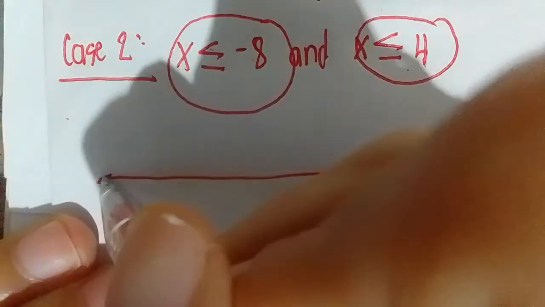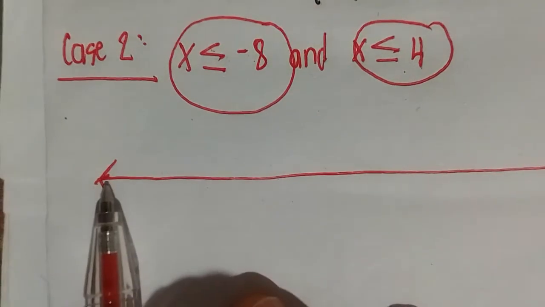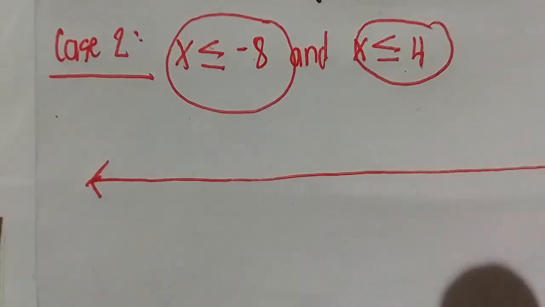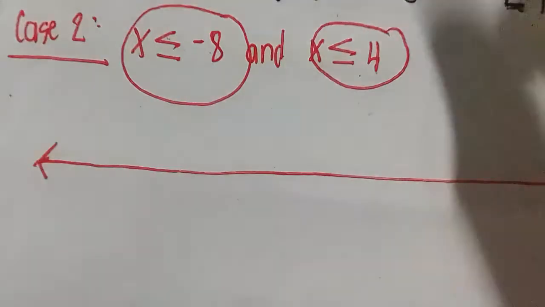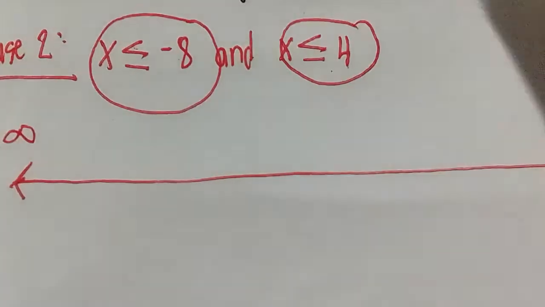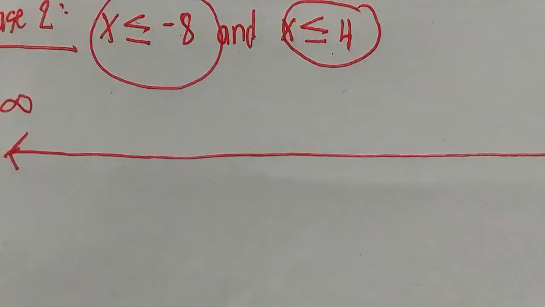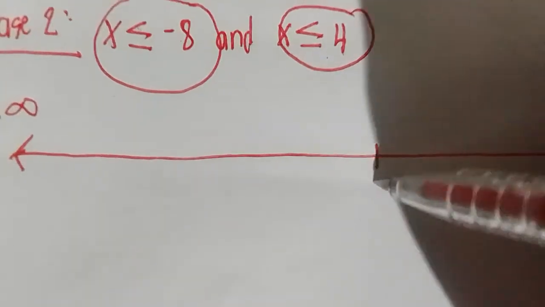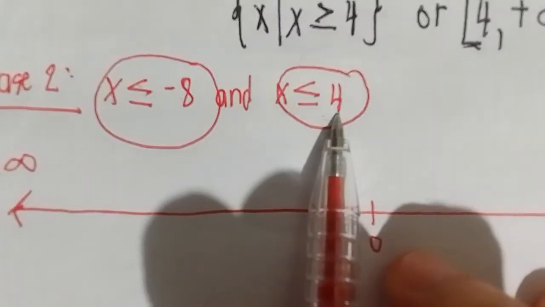Again, sa pag-draw sa number line, make sure nga naay arrow both sides of your number line. Okay, that means to the negative infinity, and diri sa right to the positive infinity, and the middle here is 0. And then, the two values are negative 8 and 4, so dapat present ni sila.